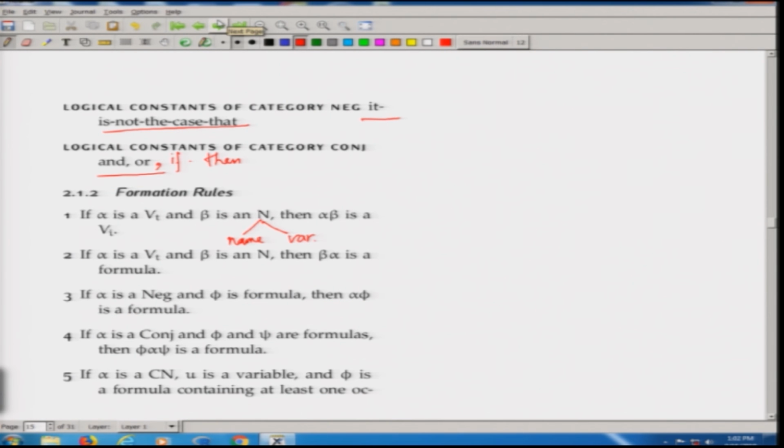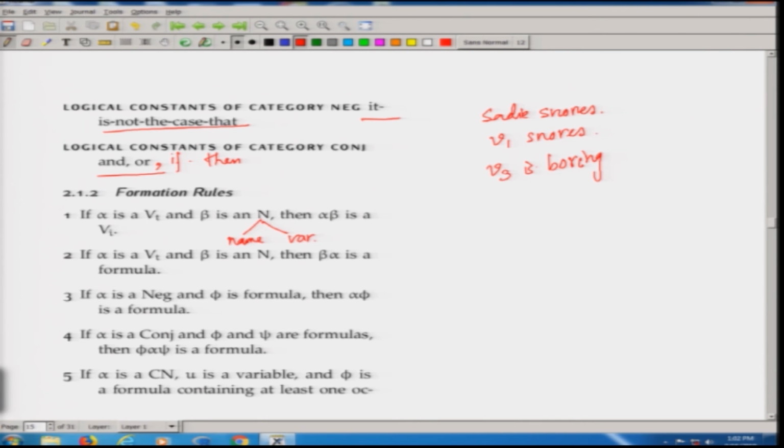So we can have something like Sadie snores, or we can have V1 snores, or we can have something like V3 is boring.